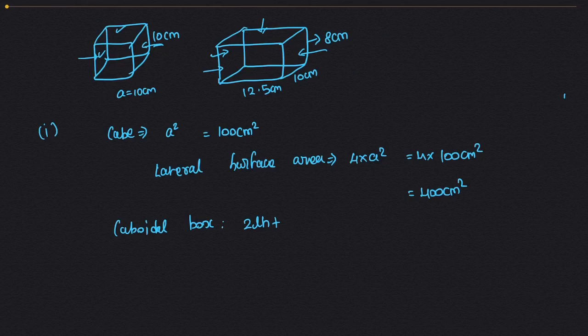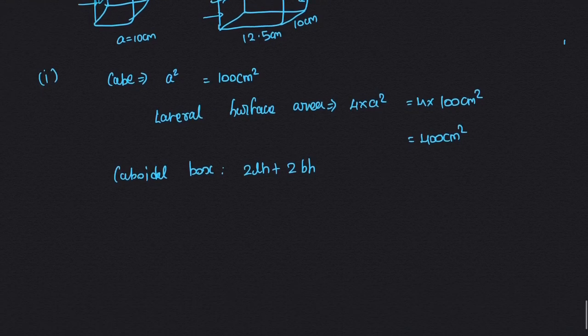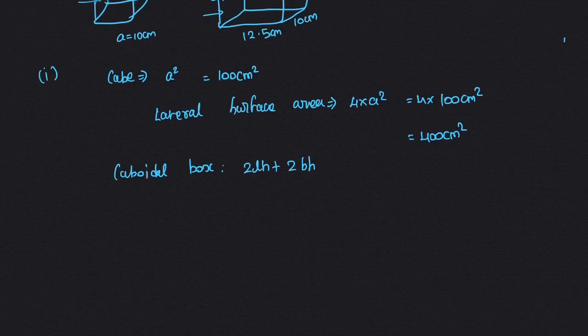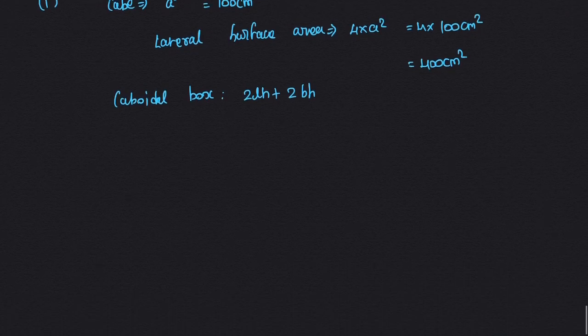And the left and right, so 2 times BH. So here 2H is a common term, and simplification, so just take it away: 2H times (L plus B).